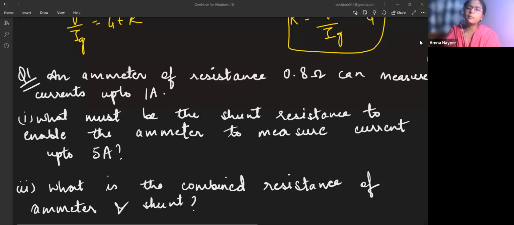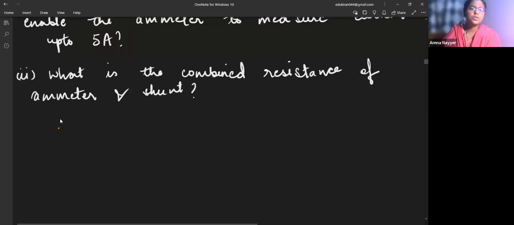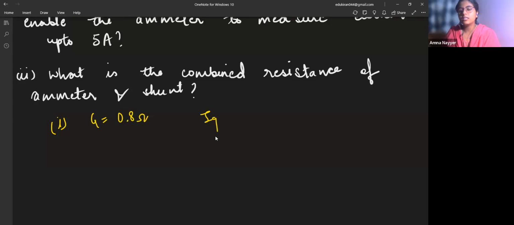So it's a formula based question. First part, see, G is 0.8 ohms. Ig is 1 ampere, and the total current is 5 amperes. And what do we need? We need the shunt in the first part.